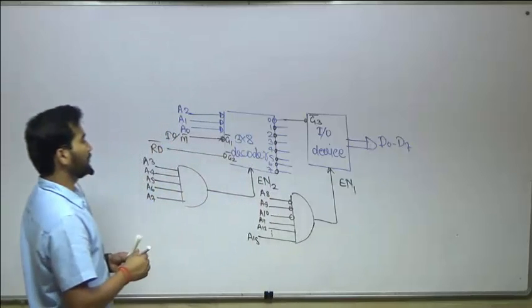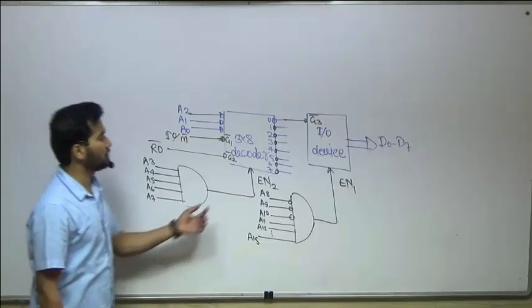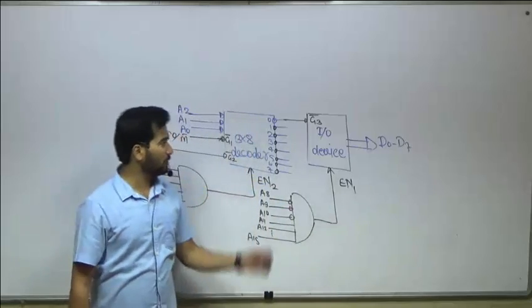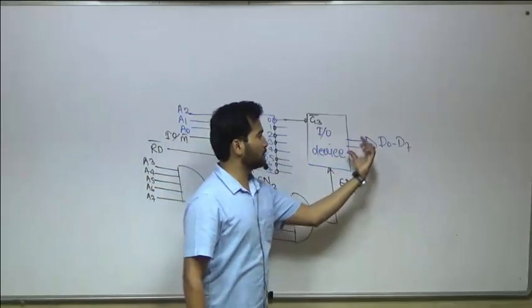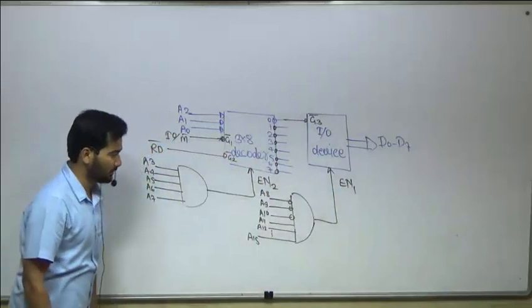In this manner, this input output device is interfaced to the 8085 microprocessor, and we want to write the correct data transfer. We want this device to transfer the data through D0 to D7.